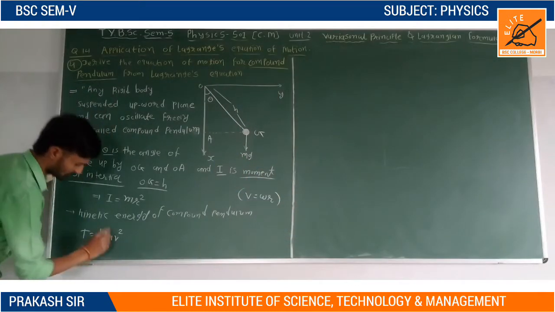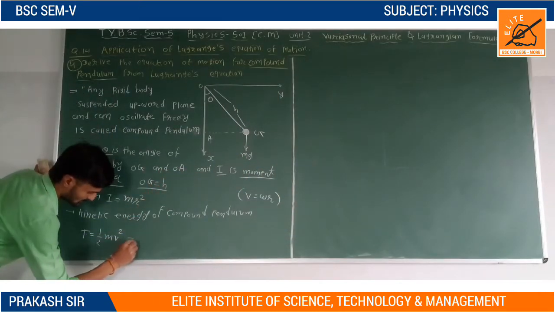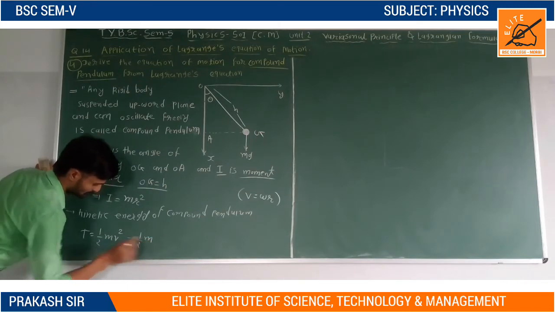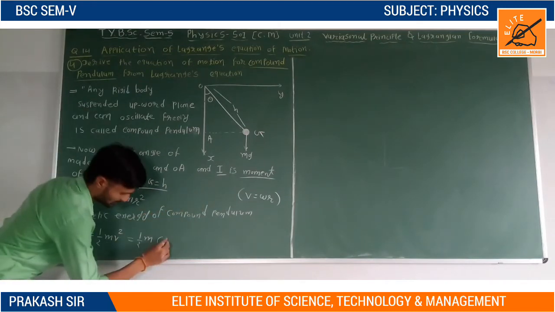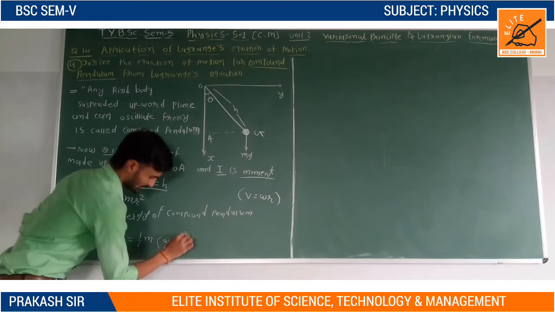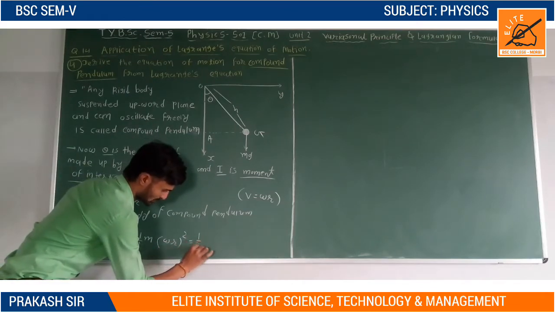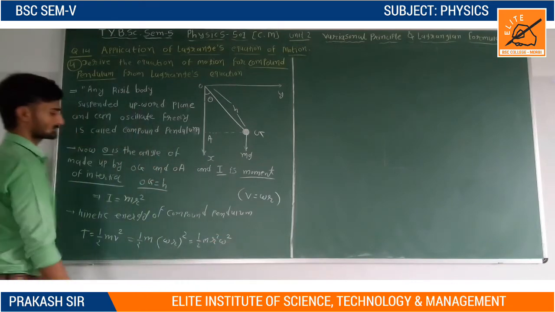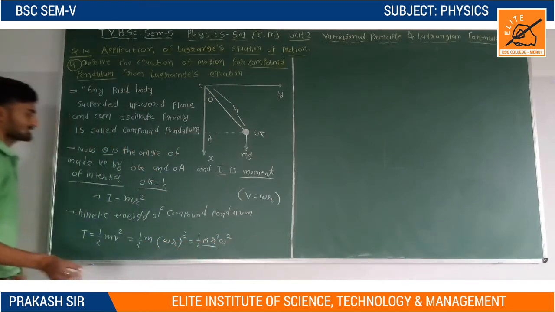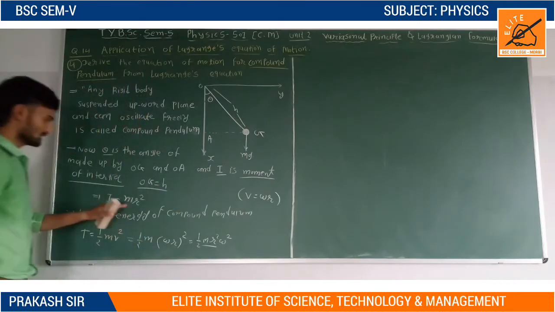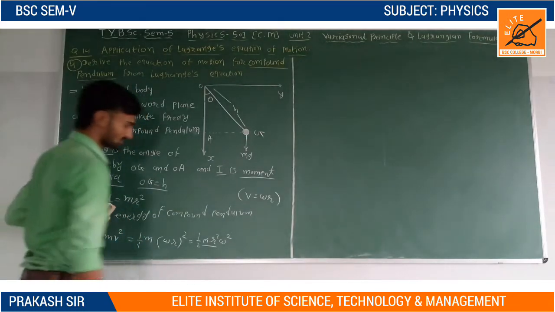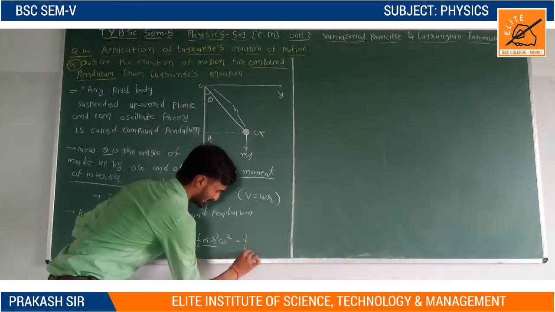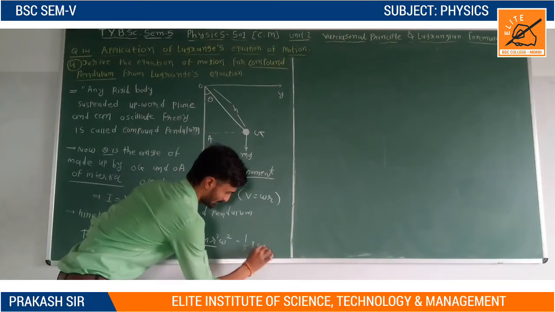So replacing v with omega r, we get 1 by 2 m r square omega square. But m r square is the moment of inertia I, so 1 by 2 I omega square.